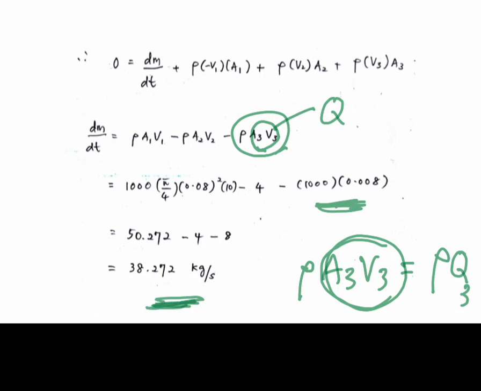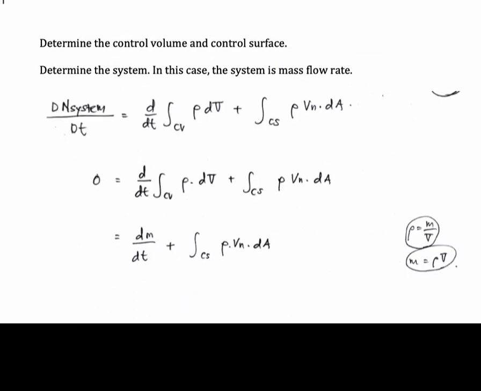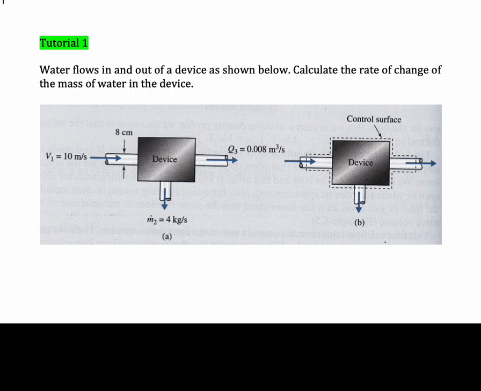So what is the meaning of 38.272 kilograms? It refers to this question. We have flow rate from left to right here, and then we have output flow rate on the right and at the bottom.